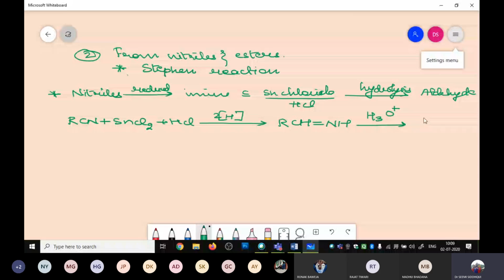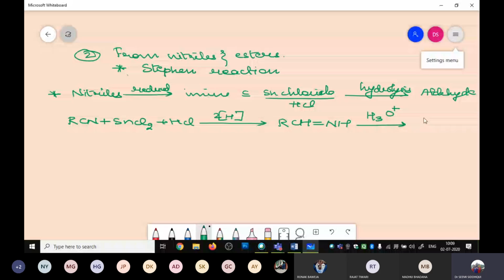Let's take an example over here. CH3 C triple bond N, and on the arrow SnCl2 and HCl. So what are we going to get?